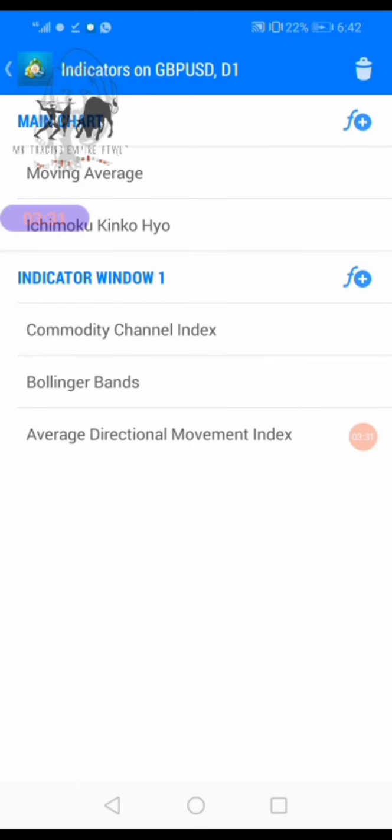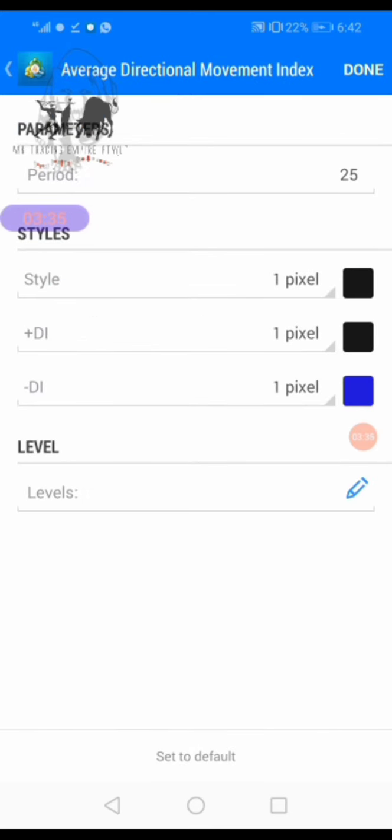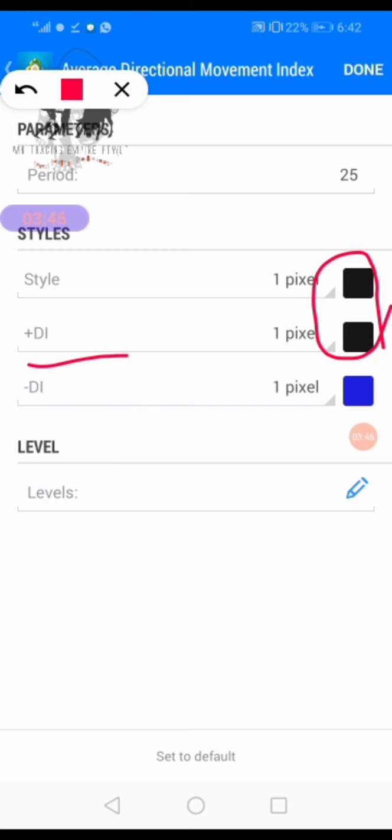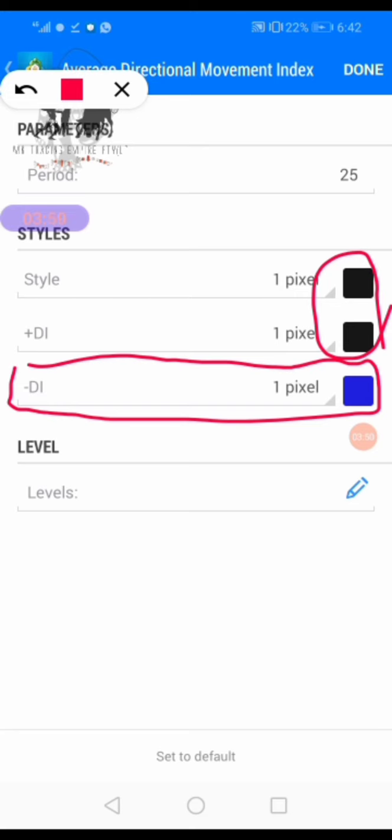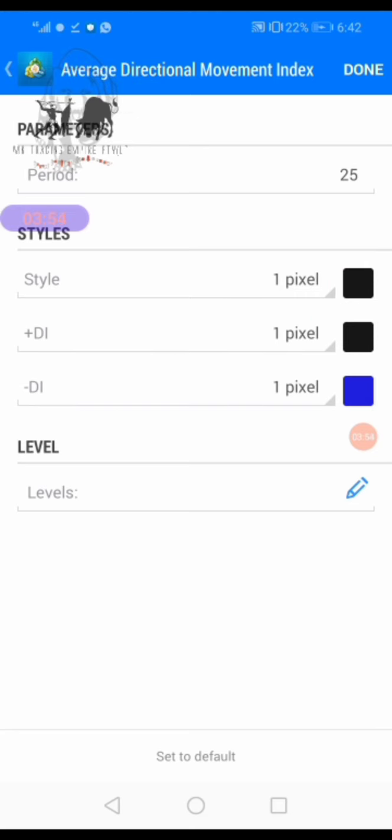And the Average Directional Movement, the ADX, the period is 25. For the styles we just set black, because our background is black. In this case, we're only going to use the negative DI. We are not going to use the positive DI.